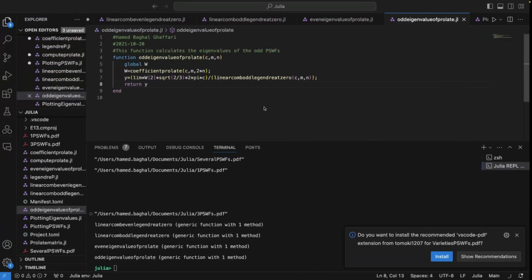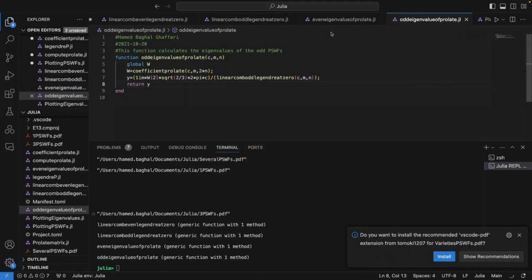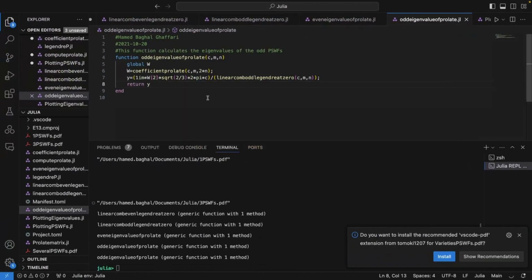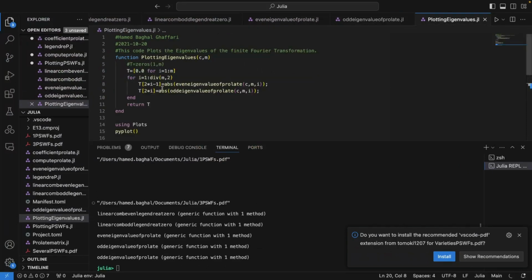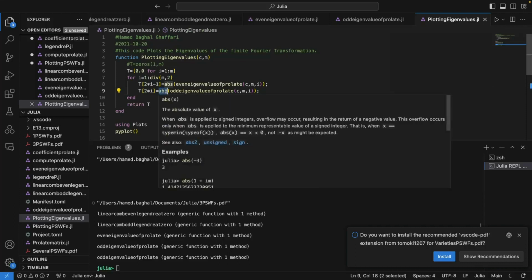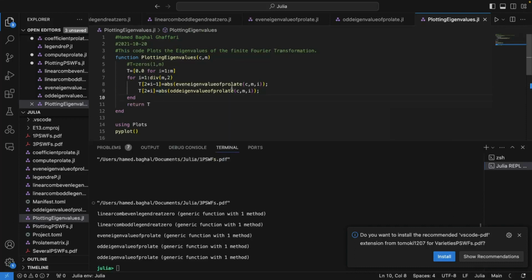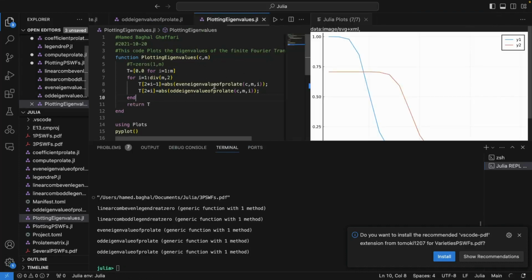So we see here that we've got this one. I have to compile it, but in the plotting I've put the absolute value. Okay, so if I compile this absolute value, I will have this one.